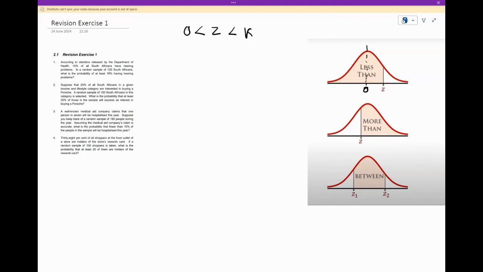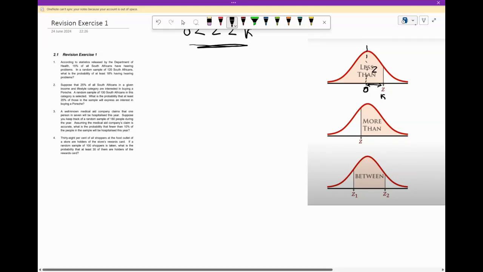It's always from here to here, because we're saying it's greater than 0 but less than K. K is the limit. This is then your area for Z. That's basically what I'm saying.